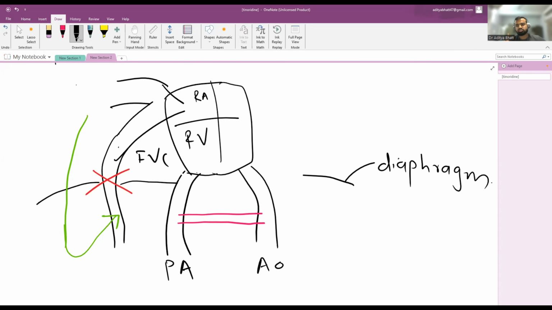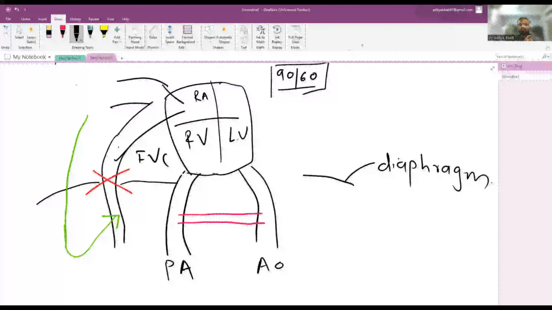Why? Because the systemic circulation has to maintain a BP. Imagine that it is a child. Okay, so the BP of the child is 90 by 60. Okay, this is the BP of the child. So the systemic circulation, the left ventricle has to pump the blood out against the pressure of this systemic BP.